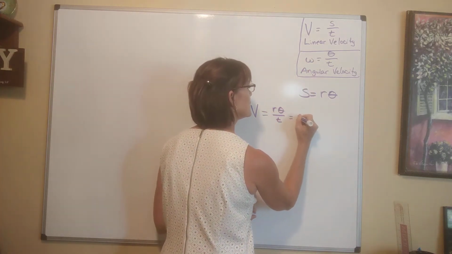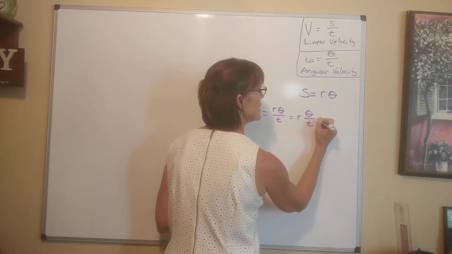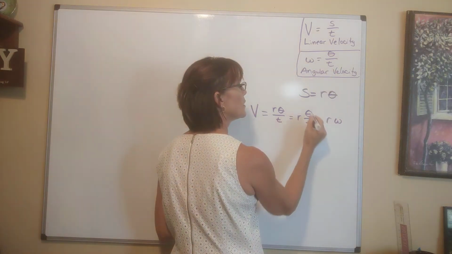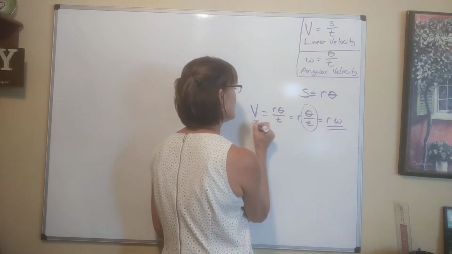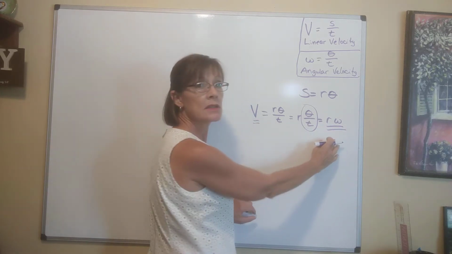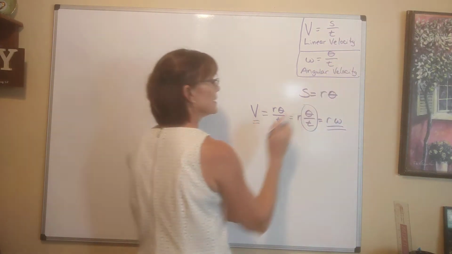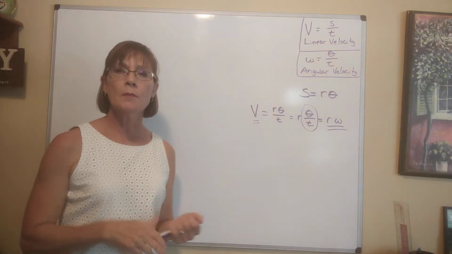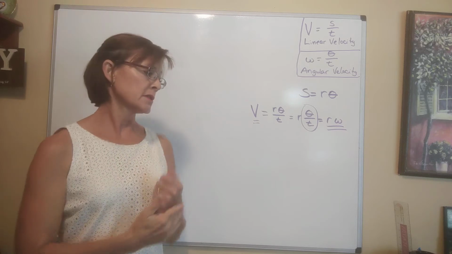We can think of that as the radius times theta over t, which equals r times omega, because that is what omega is defined to be. So sometimes we say v equals r omega when it's convenient, and sometimes we use the other forms. We'll go through these examples, come across a few things we maybe haven't heard of before, and discuss those as we go.